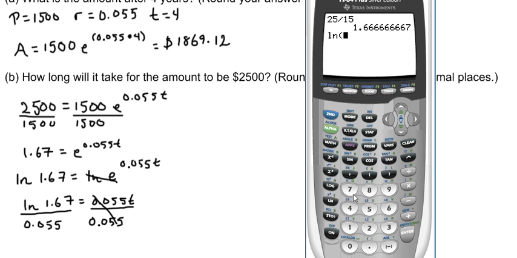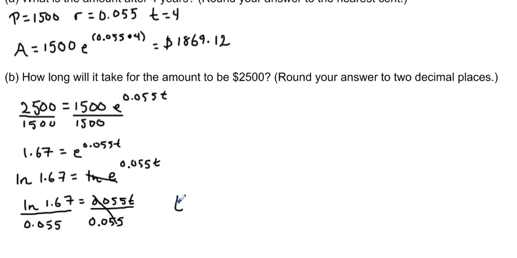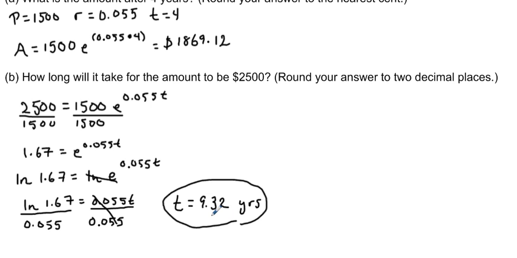So natural log 1.67, we'll close this parentheses and we'll divide that by 0.055. And we get approximately, if it says round to 2 decimal places, 9.32. So t would be approximately 9.32 years it would take for this money to become $2,500.